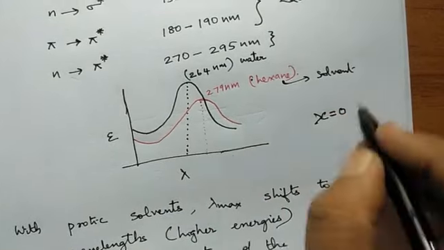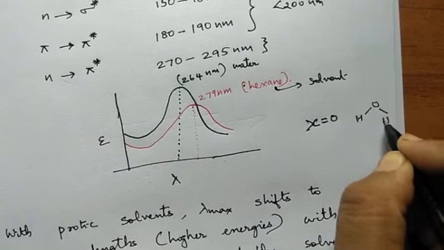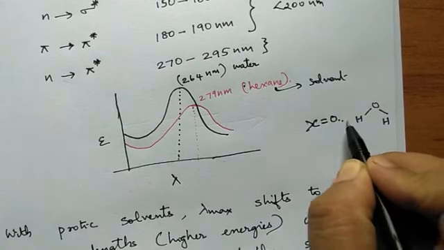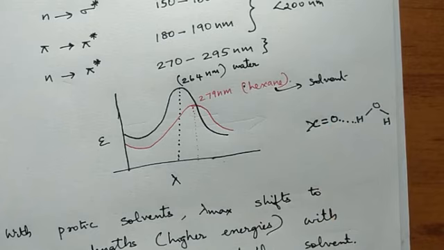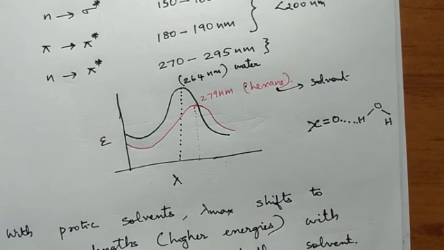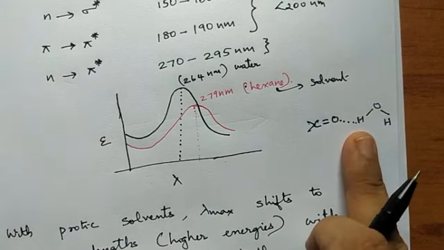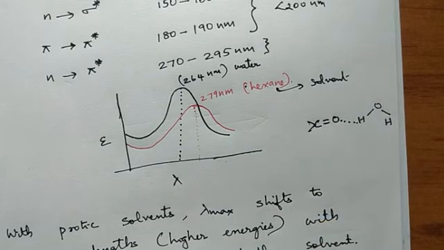Water is the solvent here, so we have the water and then the carbonyl group, and there can be a hydrogen bond between this oxygen and this hydrogen. When hydrogen bonding is present, the lambda max will decrease. So in the case of water solvent, acetone will have a lower lambda max.